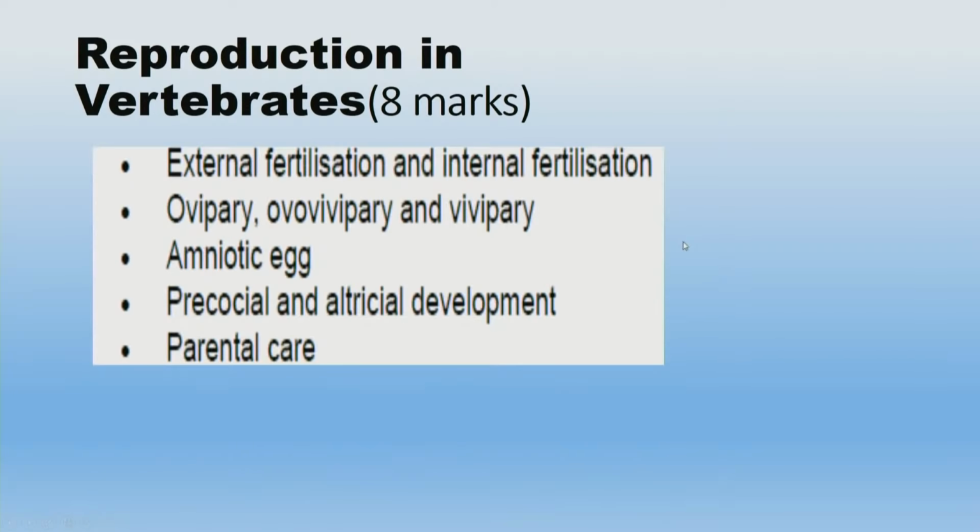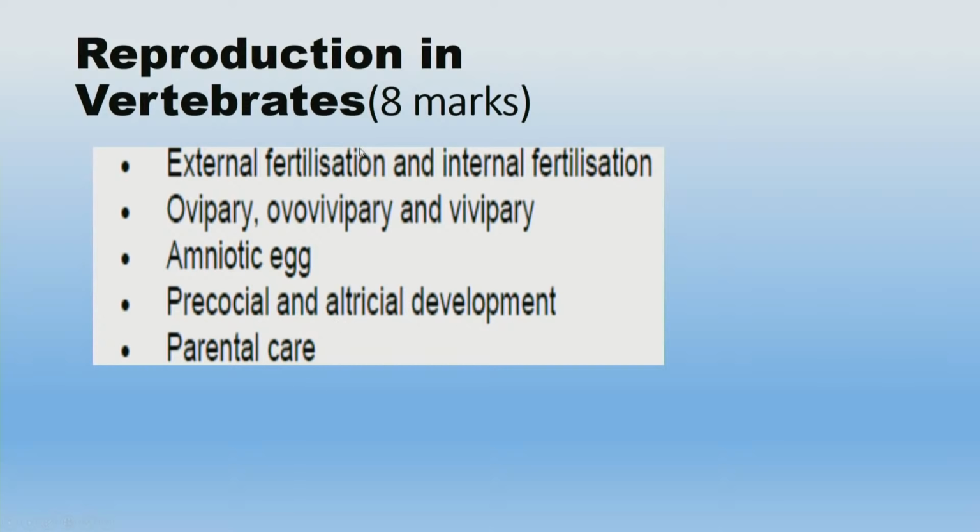The first topic, guys, is reproduction in vertebrates, which is out of 8 marks. Please make sure that you revise the following: external fertilization and internal fertilization, then oviparity, ovoviviparity, and viviparity, amniotic egg, precocial and altricial development, and parental care.